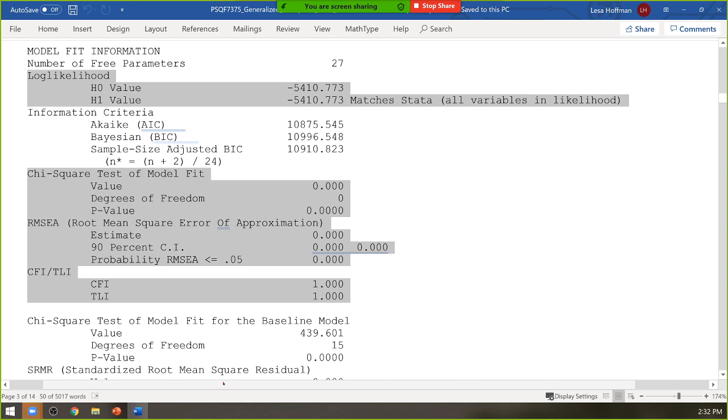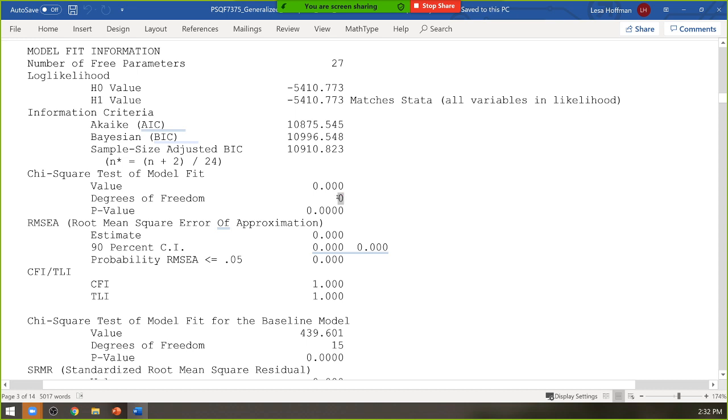Any other guesses? Because of this right here, I have no degrees of freedom. That means my model is just identified, meaning my model is the same as the saturated model. So I can't say that it's not worse because I have no degrees of freedom to test it with. It's not over-identified.